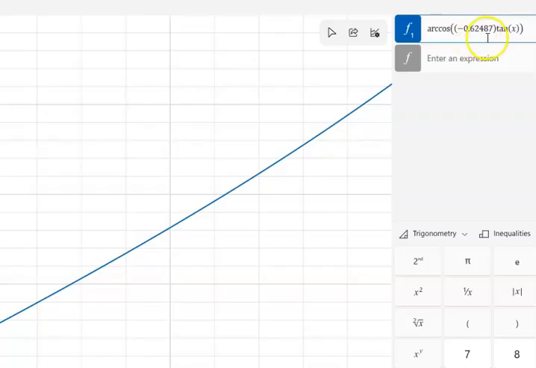Negative 0.6 is negative the latitude, so that's negative tangent 15. We will change the whole thing here. Put in here tangent 60.